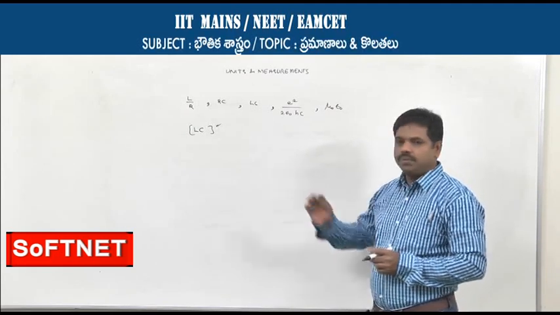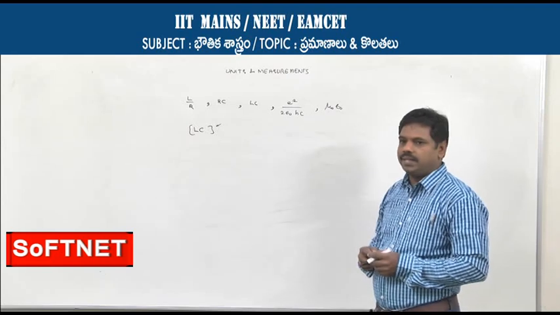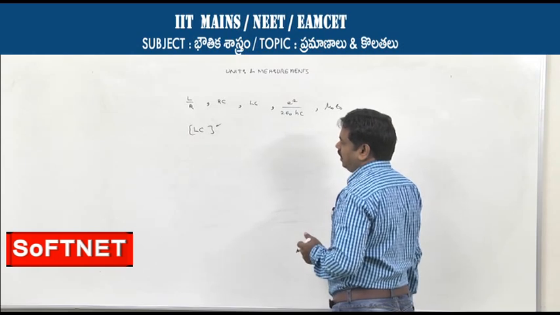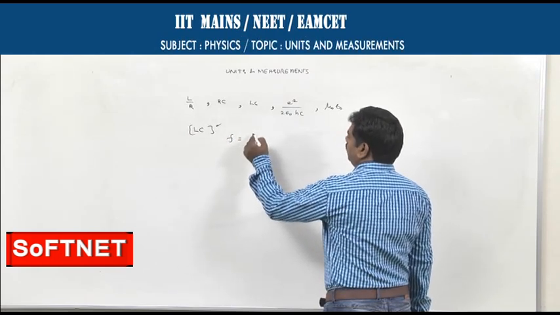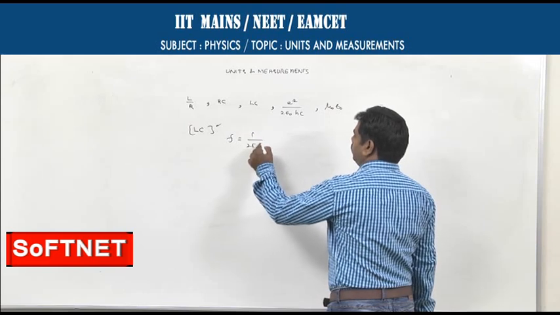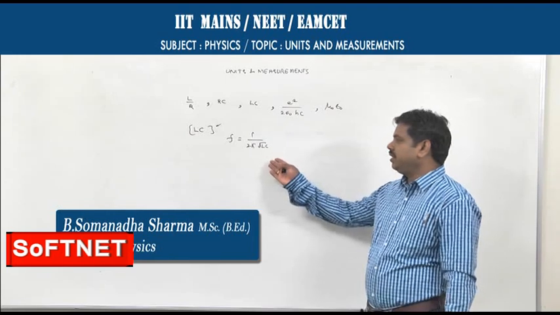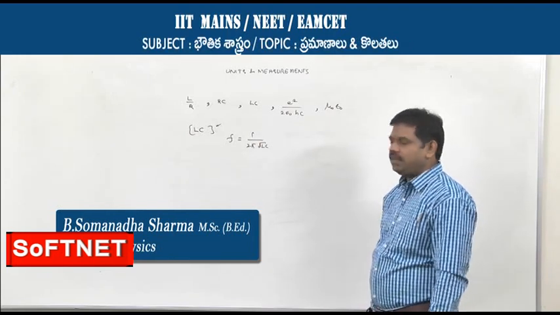But I will tell one more method here. In the LC oscillator we already studied, the frequency f is equal to 1 by 2 pi root LC. Now using this equation, we can simply find the dimensional formula of LC.